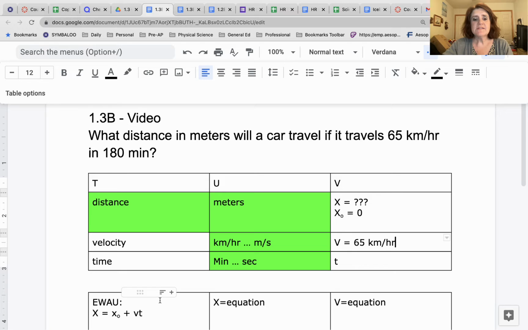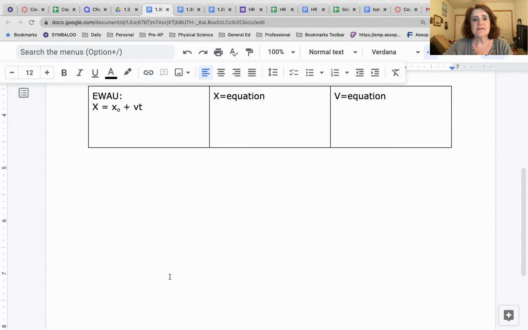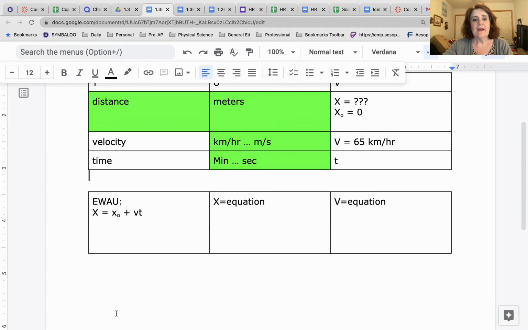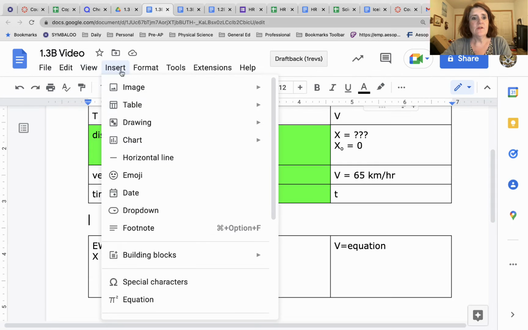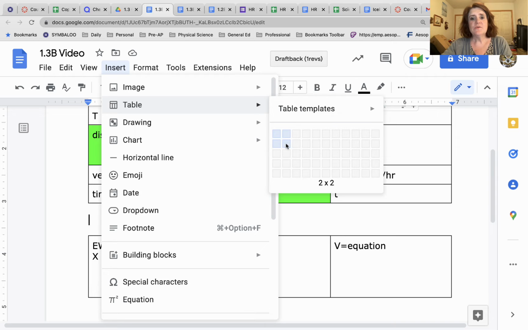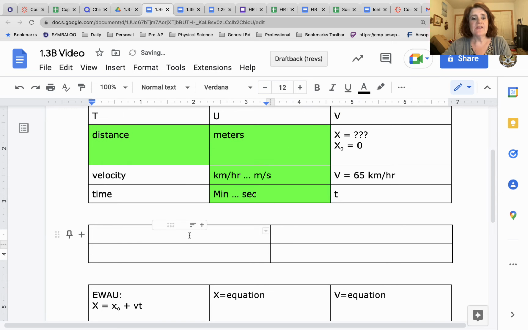So the first thing that I need to do is come down, and I can go way beneath my problem. I can go in the middle of my problem. It doesn't matter. And I need to convert. So I need to insert a table to do a conversion. And I don't know how many things I'm going to need, so I need to figure it out.